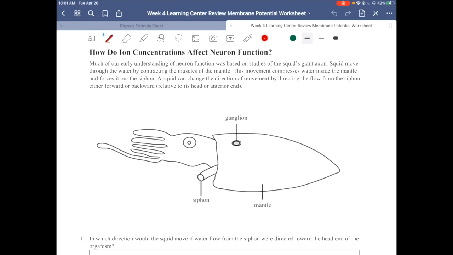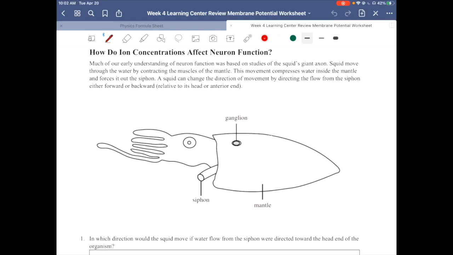Before we really knew anything about the nervous system, a lot of the pioneering studies were done on squid's giant axon, which is why we have a picture of a squid here. It's saying that they move by contracting the muscles of their mantle, which compresses water and forces it out, and the squid can also change direction by directing the flow of the water, relative to its head and anterior end.